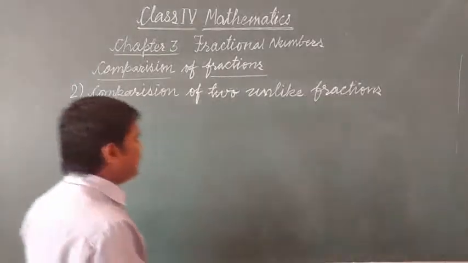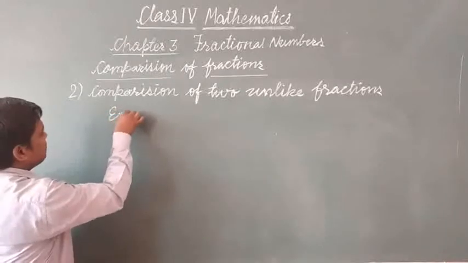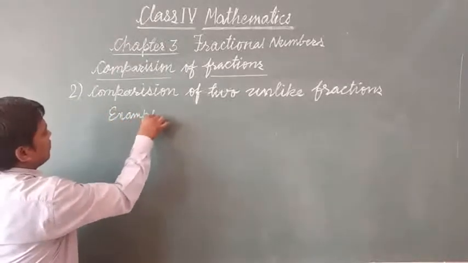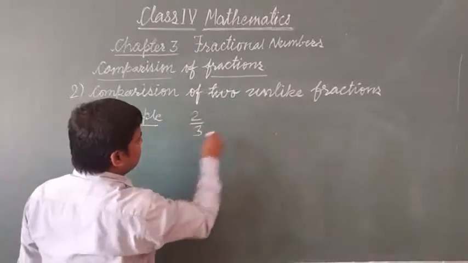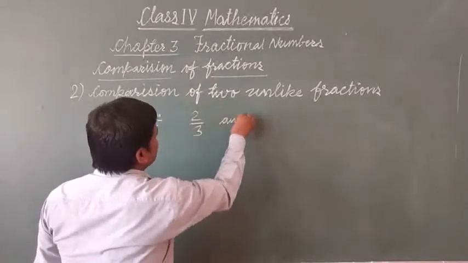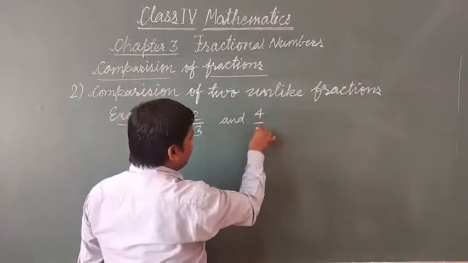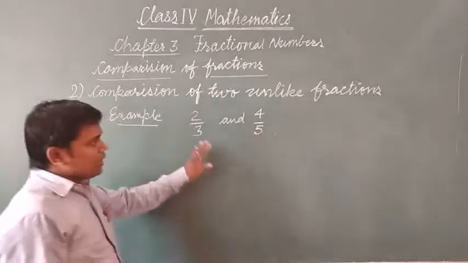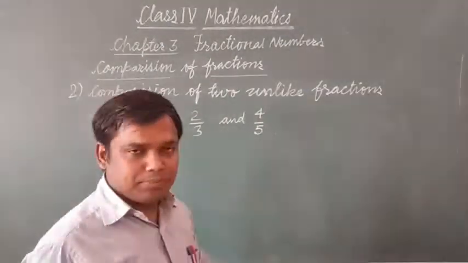Look here, I will try to explain it with the help of an example. Suppose it is given 2 by 3 and 4 by 5. These two are unlike fractions. We have to compare them.